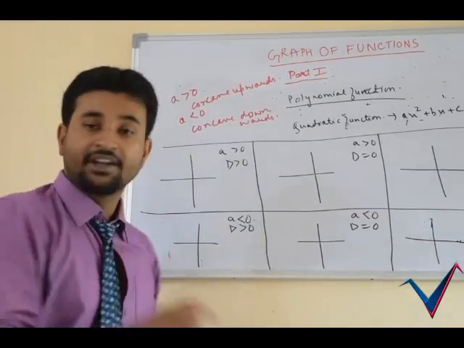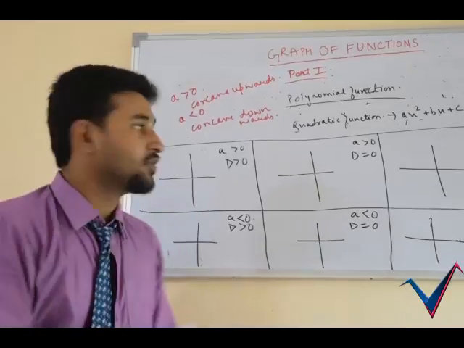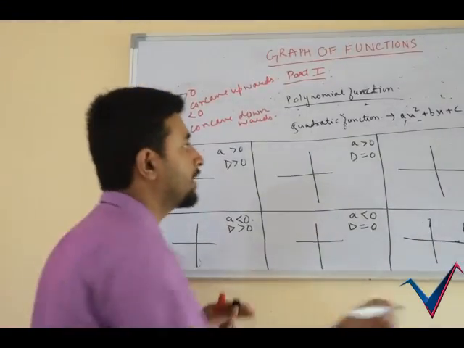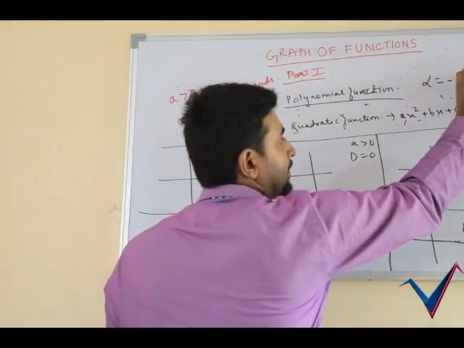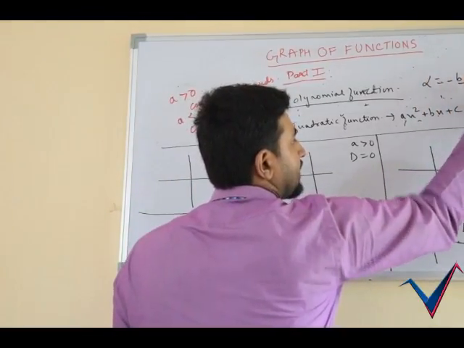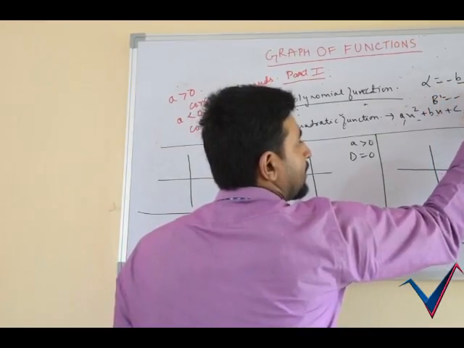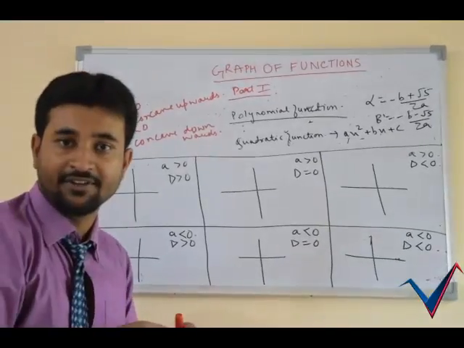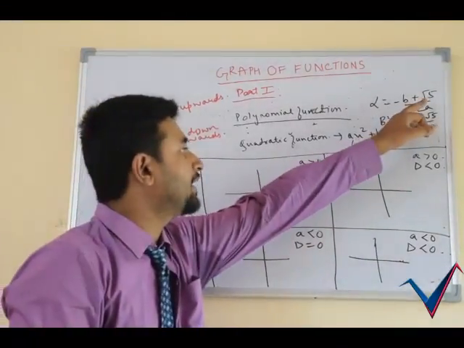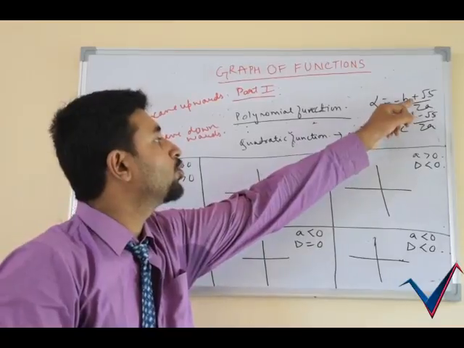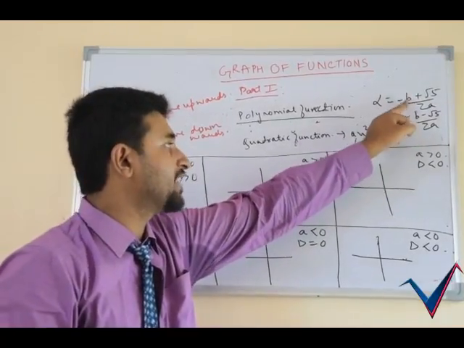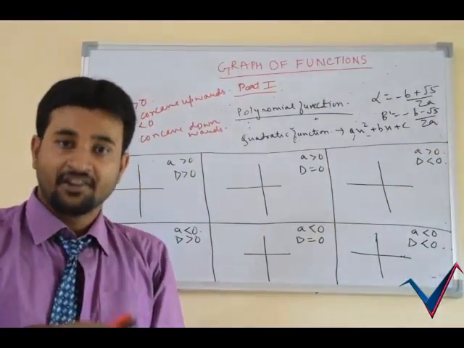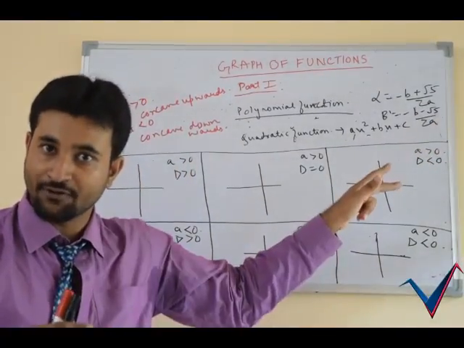So if d has a positive value, for example d equal to 5, then alpha will be equal to minus b plus root 5 by 2a and beta equal to minus b minus root 5 by 2a. So we get two different values, and the roots are real and distinct.